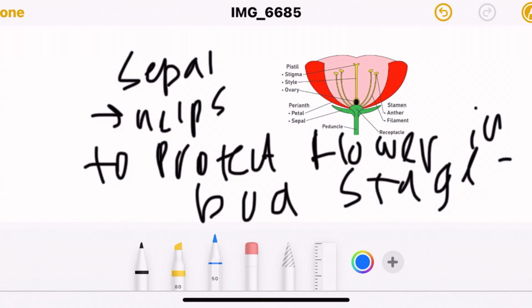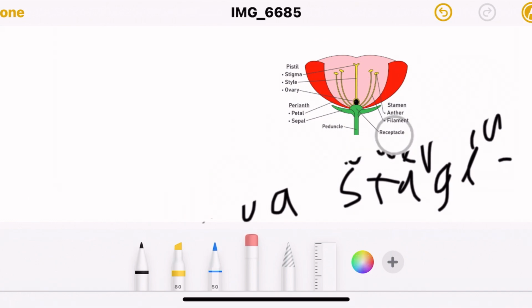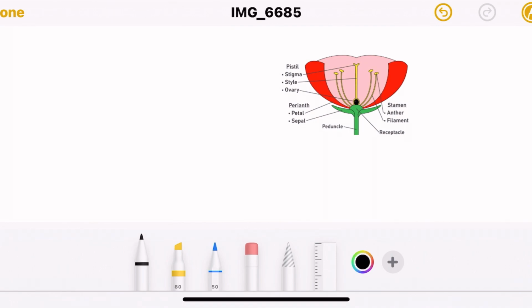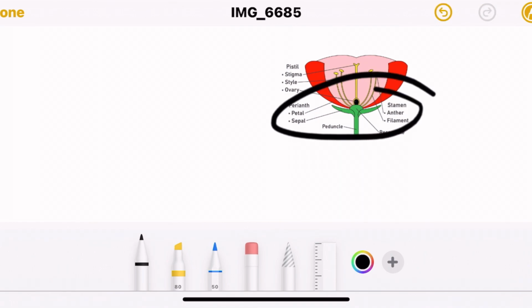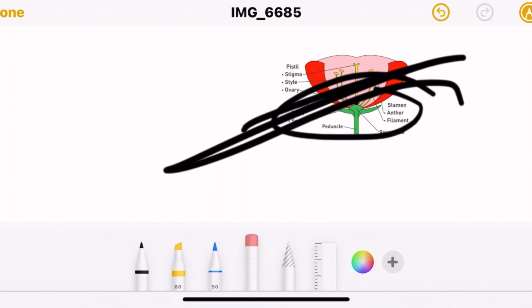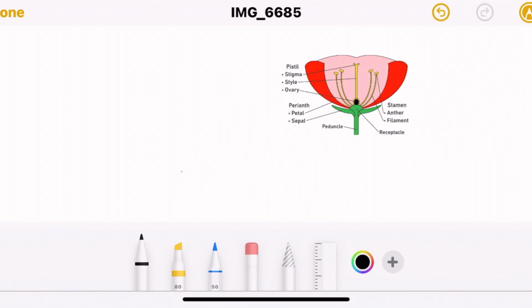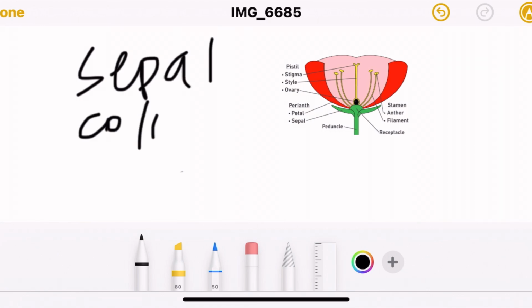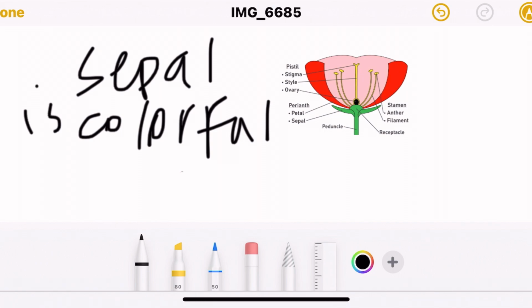Sometimes, very rarely, the sepal is colorful. Sepal is usually green, so it does not attract insects because all the leaves are green, so it's nothing special. But sometimes the sepal is colorful. So when the sepal is colorful, what happens?